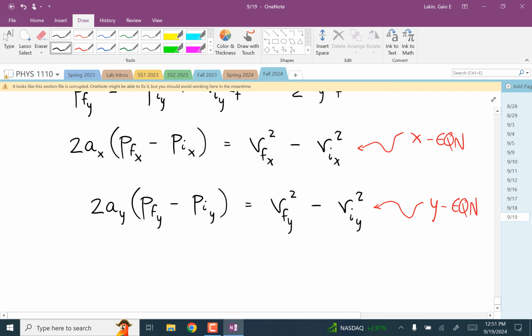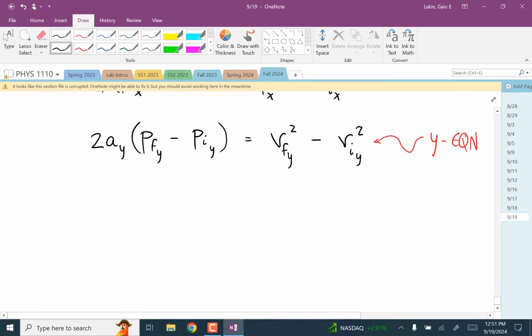And so remember, in 1D, we had these 3 equations, and there were a total of 6 variables that appeared in all those equations, and we could just cross them off as we figured out which ones we knew. Now there's 11 if you consider all the components. So there's 11 total variables.